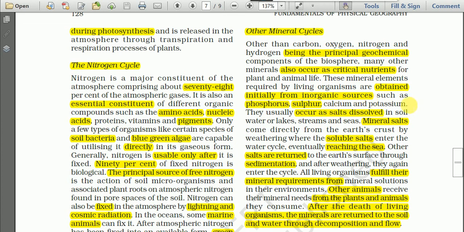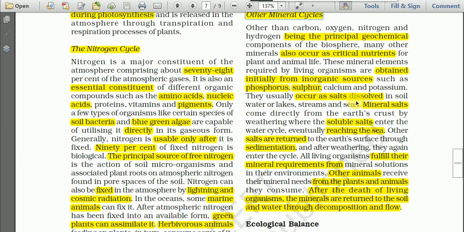Clear, sir. Then the last part, we have other mineral cycles. We have so many other material cycles. Let us have a glance. Other than carbon, oxygen, nitrogen, and hydrogen being the principal geochemical components of the biosphere, many other minerals also occur as critical nutrients for plant and animal life.